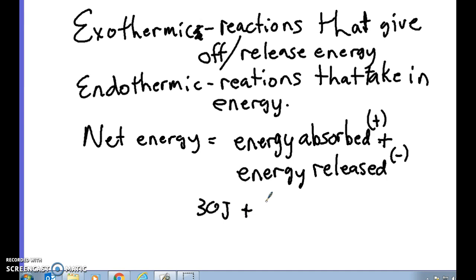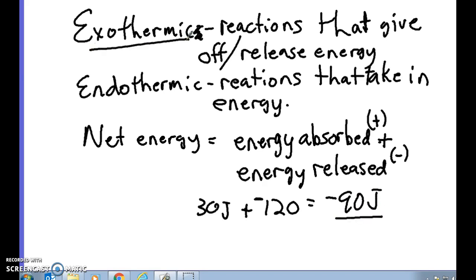Let's just say 120, just to make it a nice even number. Okay, it loses that. So overall, we would say that it releases or gives off or loses 90 joules of energy into the air. Okay, therefore, we would say that this reaction is exothermic because it gives off more energy than it takes in. Okay, and so that's the deal.